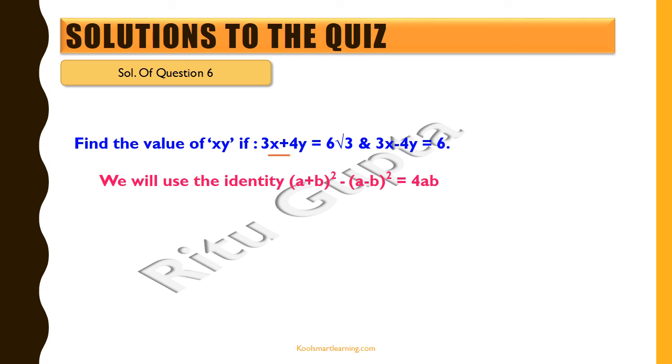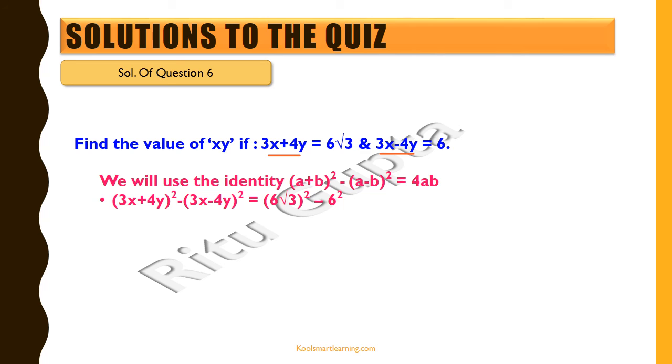and we also know, looking at the question, that these two expressions are of the type a plus b and a minus b. So we use this identity here: a plus b whole square minus a minus b whole square is equal to 4ab, which essentially means 3x plus 4y whole square minus 3x minus 4y whole square is equal to 6 root 3 whole square minus 6 square.